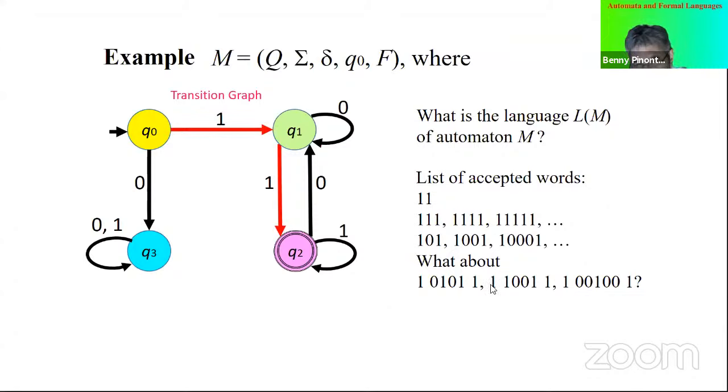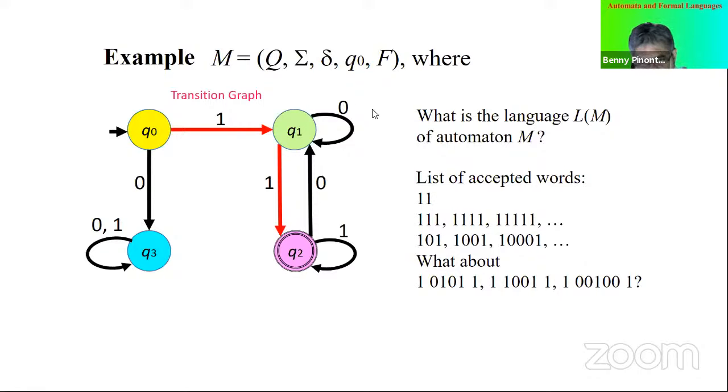How about 1, 1, 0, 0, 1, 1? Is it also accepted? Yes, that's accepted too. And how about this last one, 1, 0, 0, 1, 0, 0, 1?